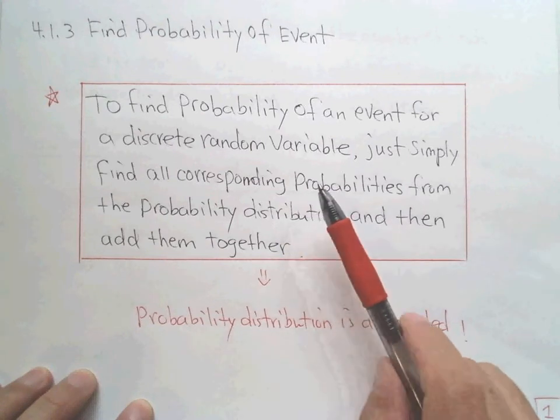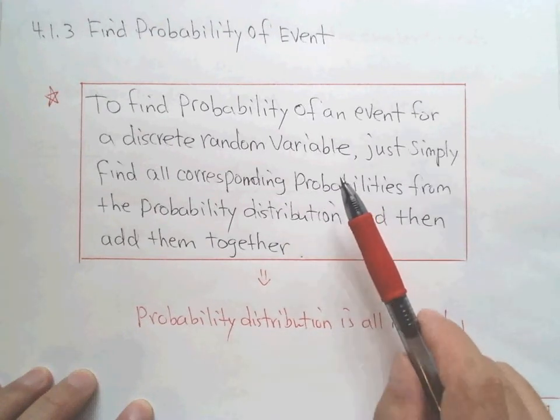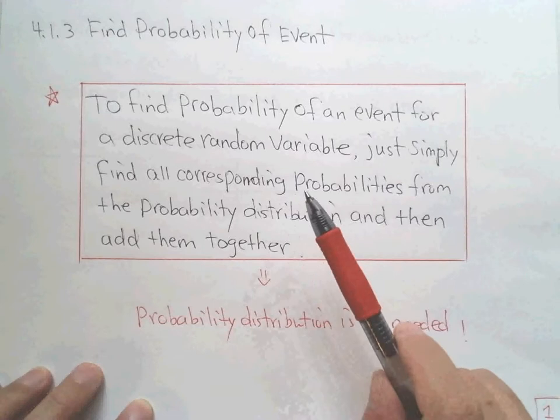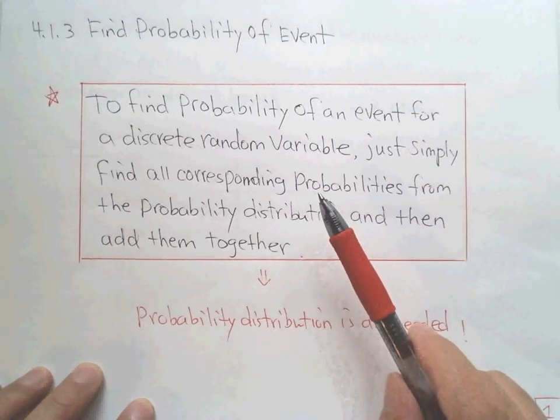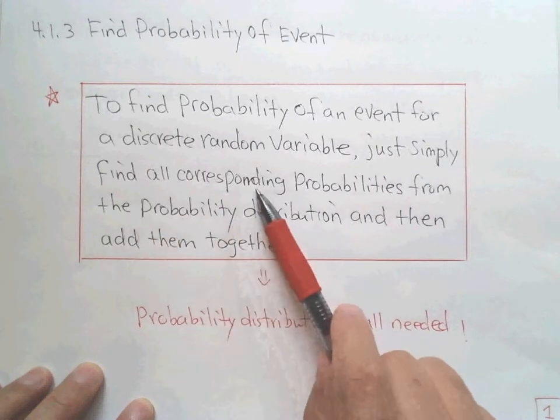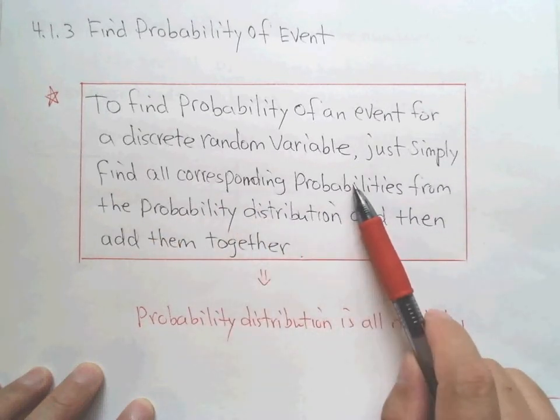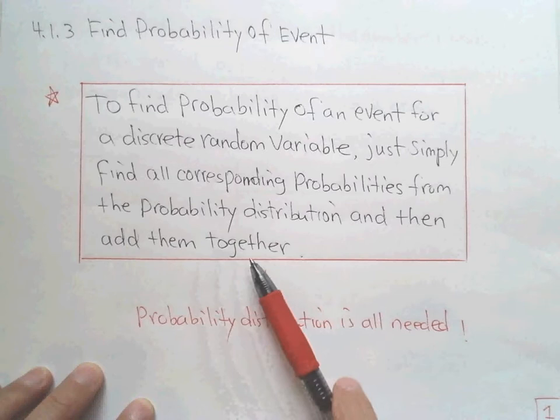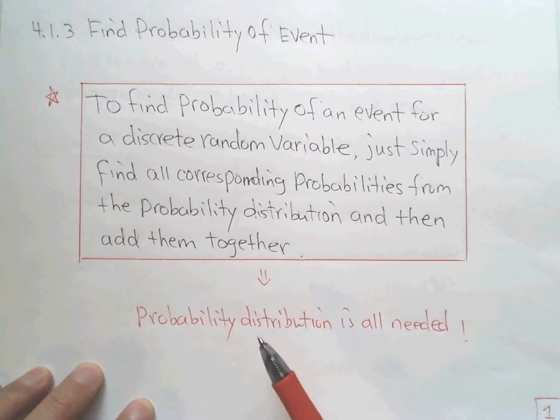All we need to do is find the corresponding probabilities and then add them all together. That means if we have a probability distribution, then we have everything for the probabilities.